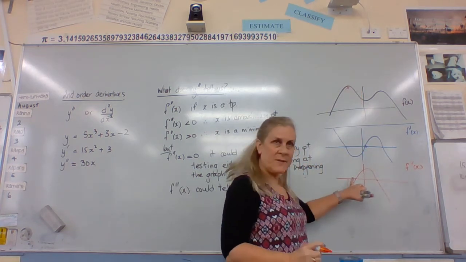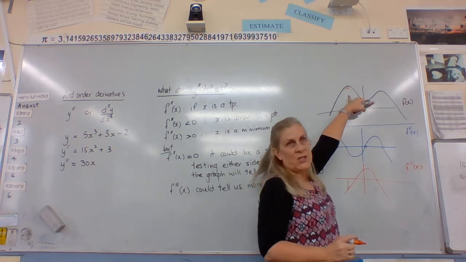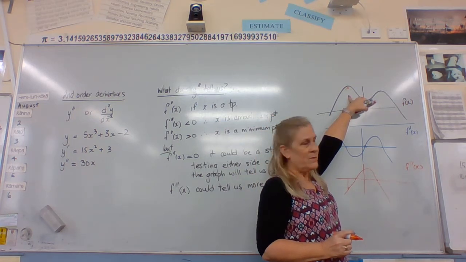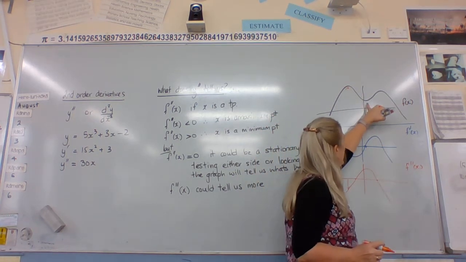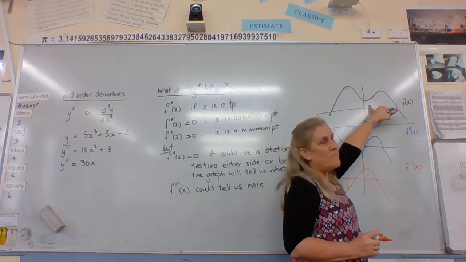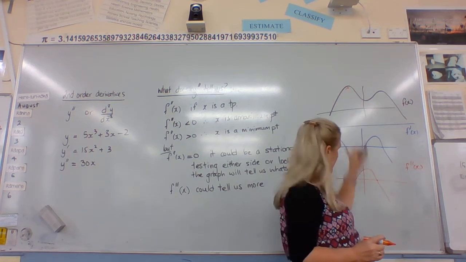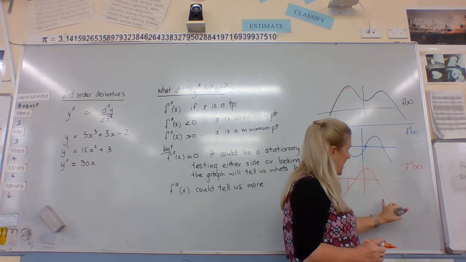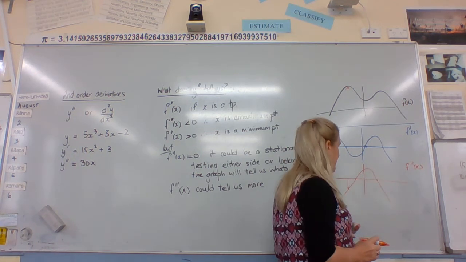So our second derivative is negative, it's a positive. Right? Our second derivative at this point here is positive, therefore it's a minimum point. Maximum, minimum, maximum. All right?